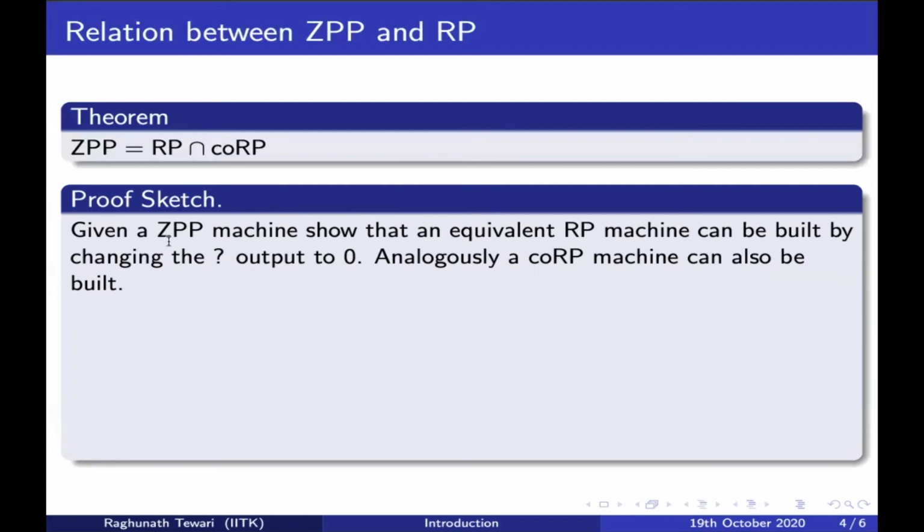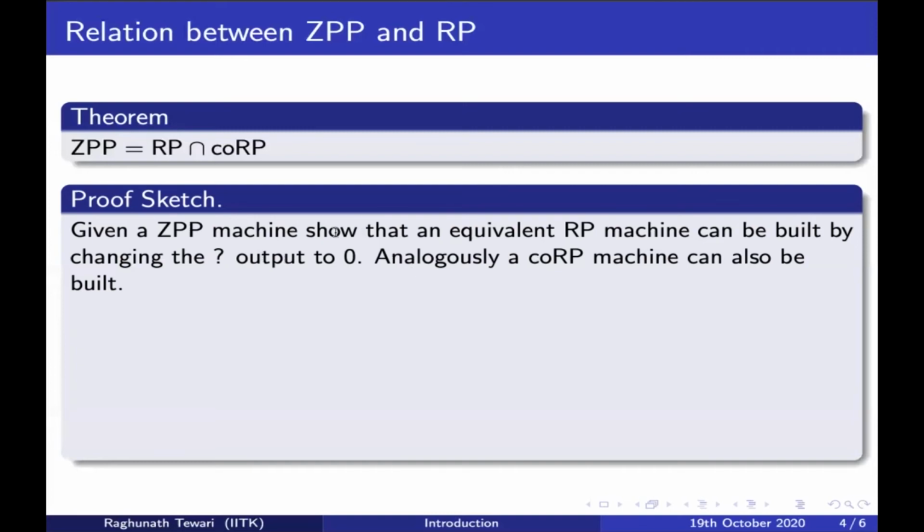On the other hand, if we had an input X which was not in the language, then the ZPP machine was rejecting it with probability half, and it was going to the question mark output with the remaining probability. Because I am changing question mark to 0, the machine will always be rejecting if X is not in L. So this shows that the ZPP machine can be converted to an RP machine by this kind of modification.